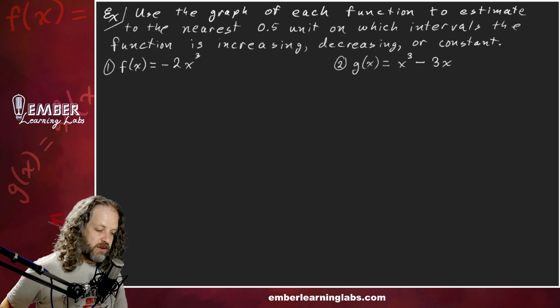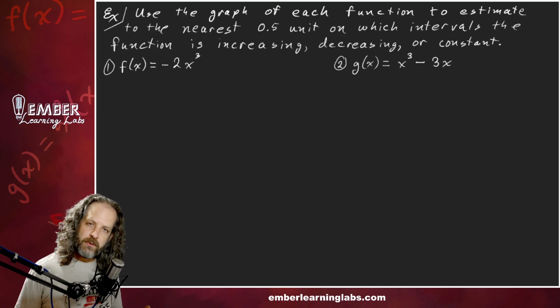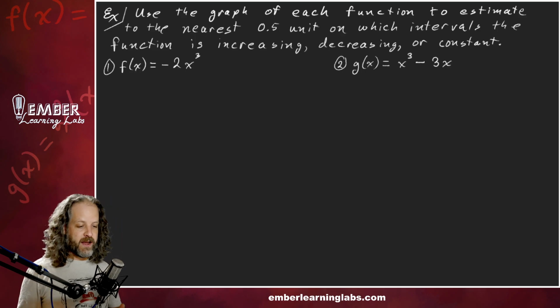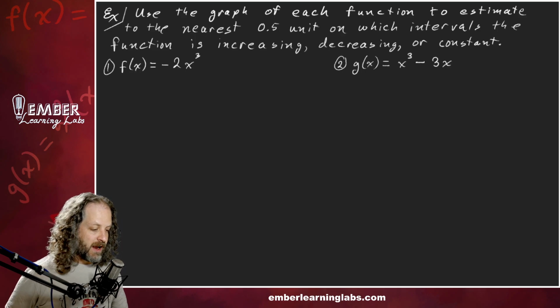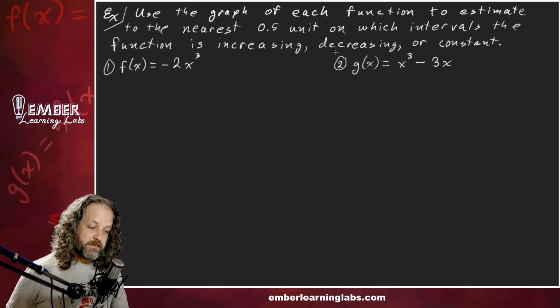So we're going to use this example to illustrate one kind of problem that you might see for increasing and decreasing. We're going to use the graph of these functions, there are two examples here, to estimate to the nearest half unit on which intervals the function is increasing, decreasing, or constant.